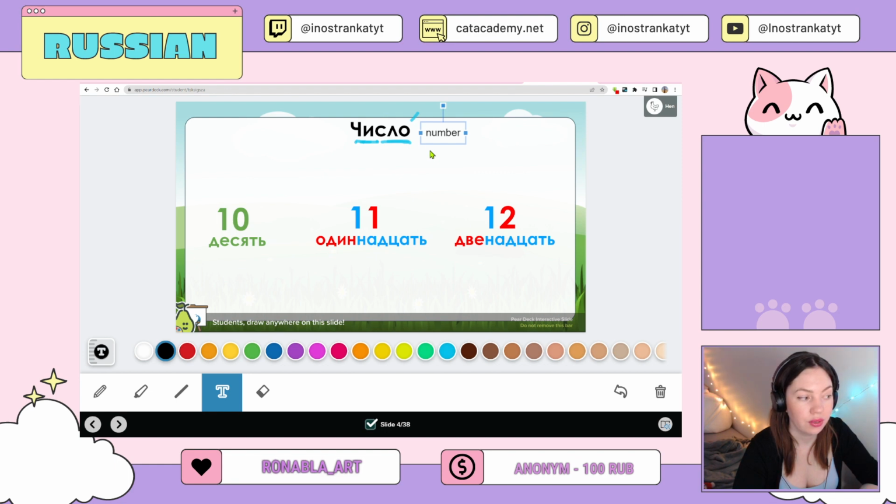It consists of 2 цифры, 2 digits. So let's read number 10. Okay, let me take another color, maybe yellow. Д, е, с, я, т, десять. 10.